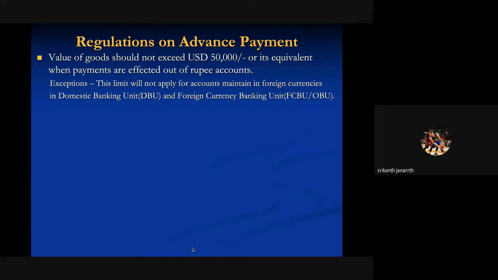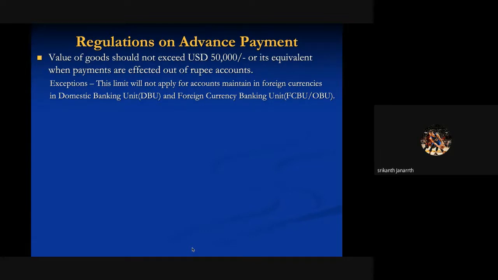That is what the regulator says. If you want to send more than 50,000, there should be a bank guarantee given by a reputed bank from the seller's country, so that you are comfortable. Or sending more than 50,000 is only possible by making the payment out of a foreign currency account, not from the LKR account.